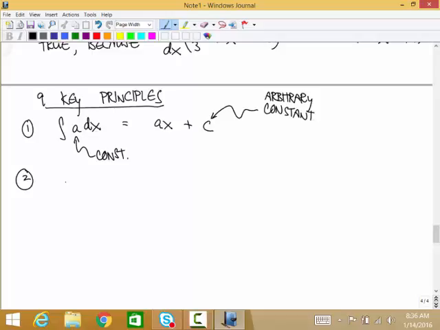The second is that for any n that's not equal to -1, if you take the integral of x to the n, you get x to the n plus 1 divided by n plus 1 plus this arbitrary constant c.